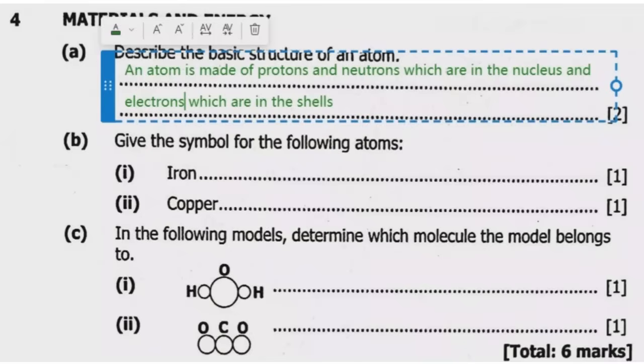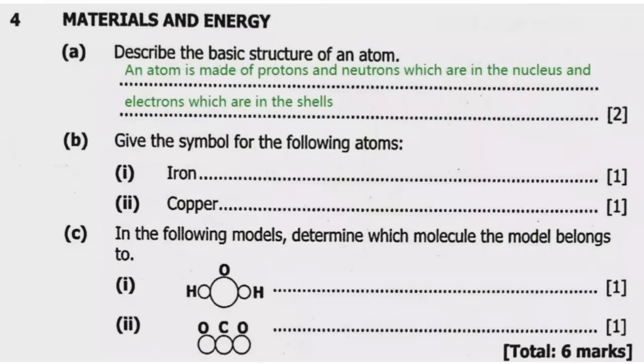These three are the components of an atom. So it has protons and neutrons, which are in the nucleus, and electrons, which are in the shells.